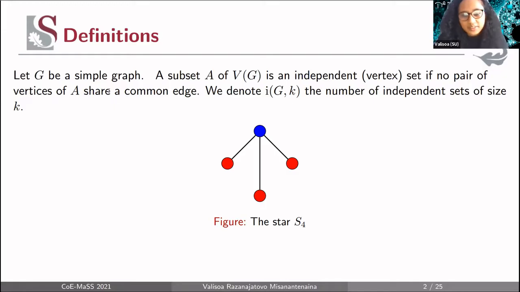It's a star on 4 vertices. We can see that any subset of the red vertices can form an independent set. But 2 vertices of different color cannot be an independent set since they share a common edge.